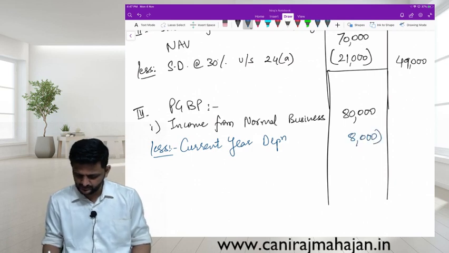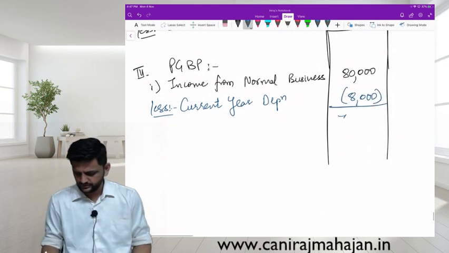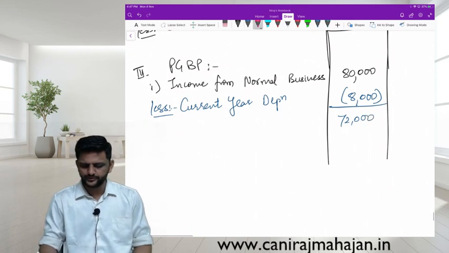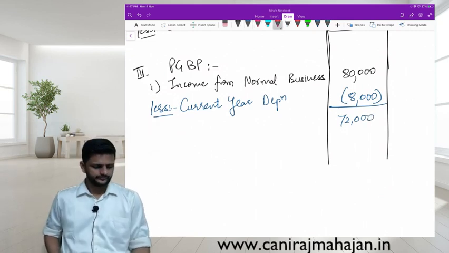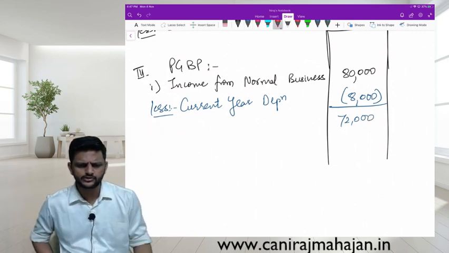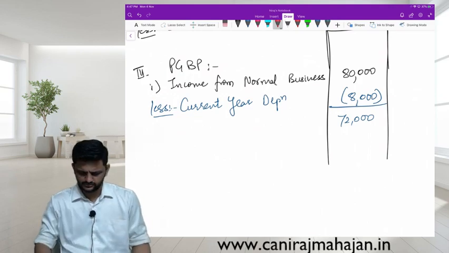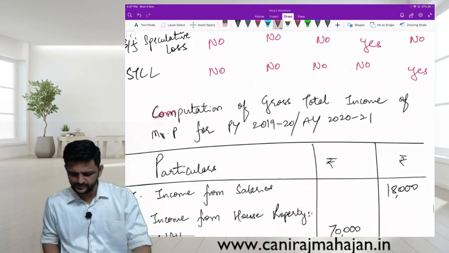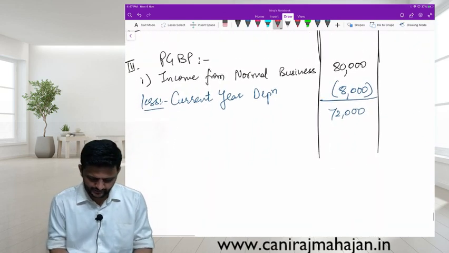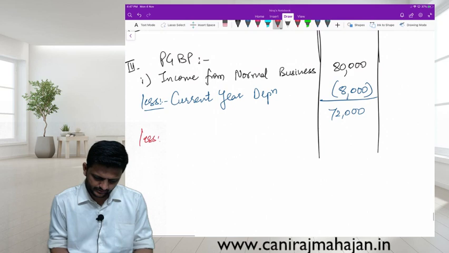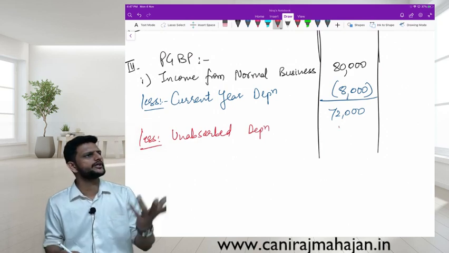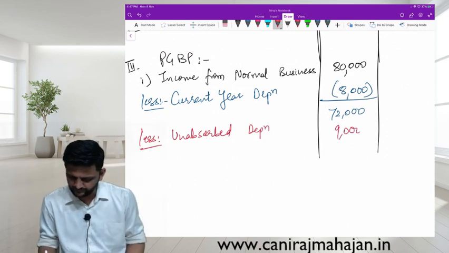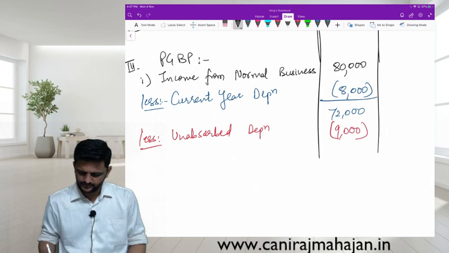Balance 72,000. Is there any current business loss or any other business loss? No. So obviously what remains is only unabsorbed depreciation. How much is it? So we don't have to reduce it from HP. 63,000.